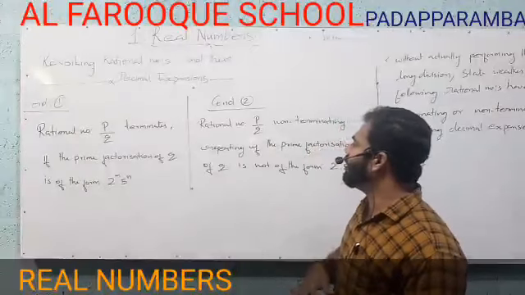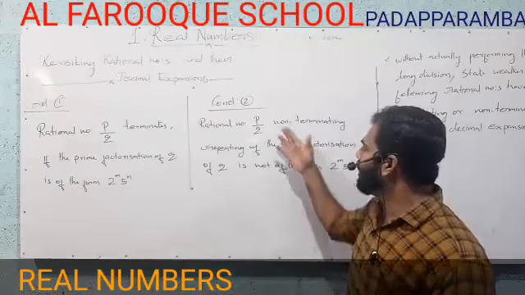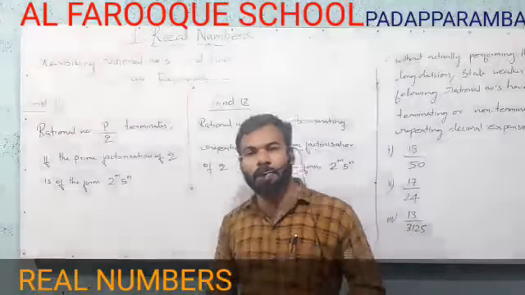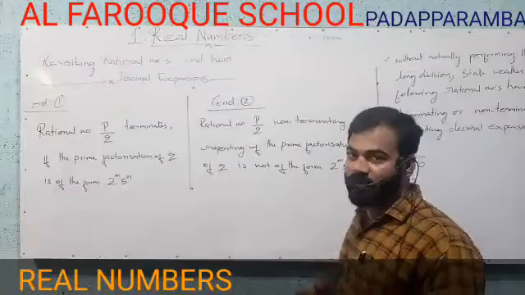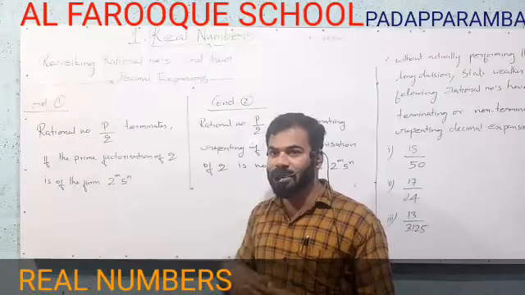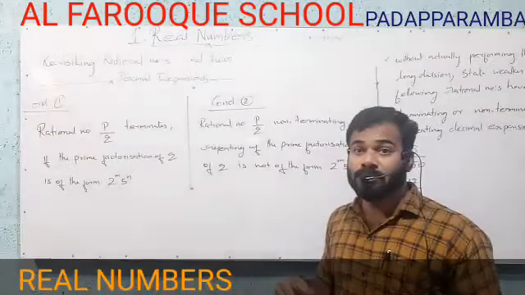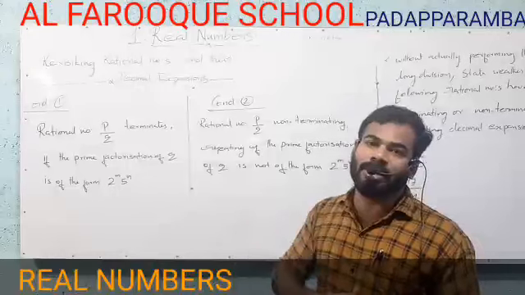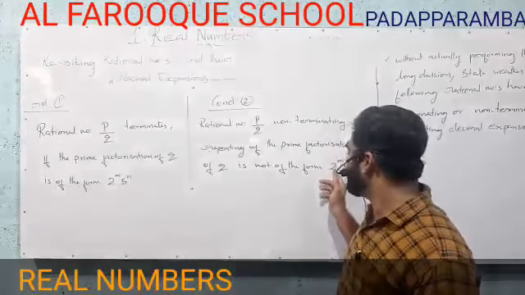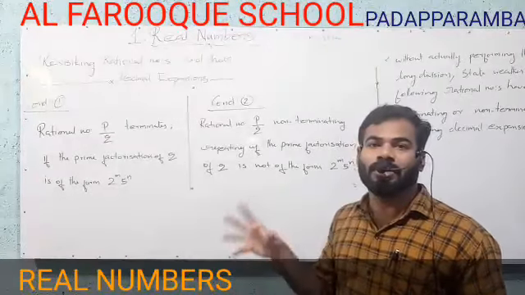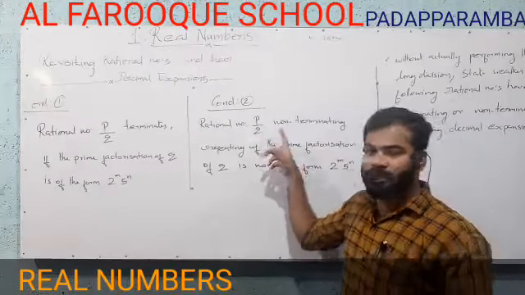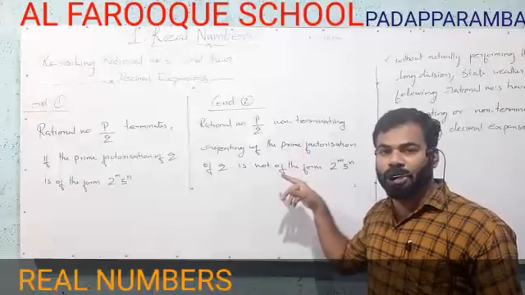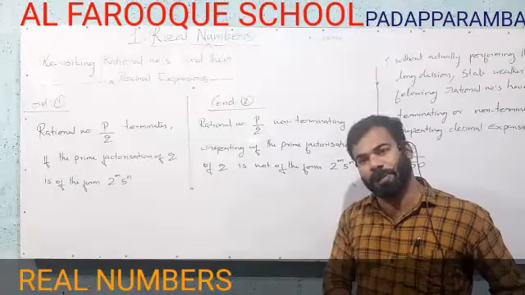And the second condition is that if the prime factorization of the denominator is not of the form 2 raised to m, 5 raised to n, which means it includes any other numbers other than 2 and 5, then that decimal expansion is non-terminating and repeating.